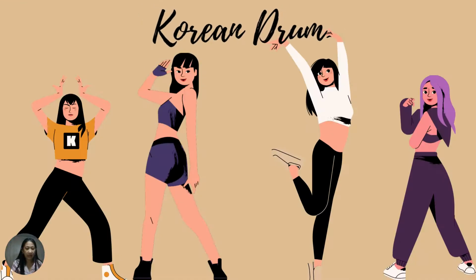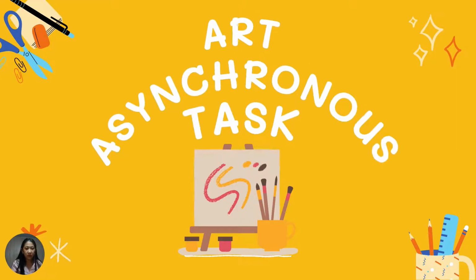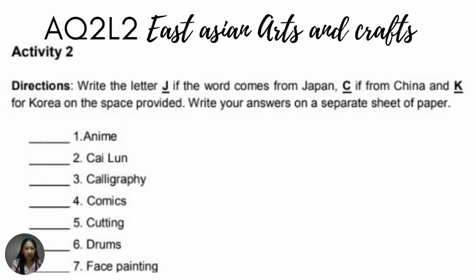Okay, I hope you learned something in our discussion for today. Then we'll go to our art asynchronous class with the code AQ2L2, Asian Arts and Crafts. Direction: write the letter J if the word comes from Japan, C if from China, and K for Korea on the space provided.